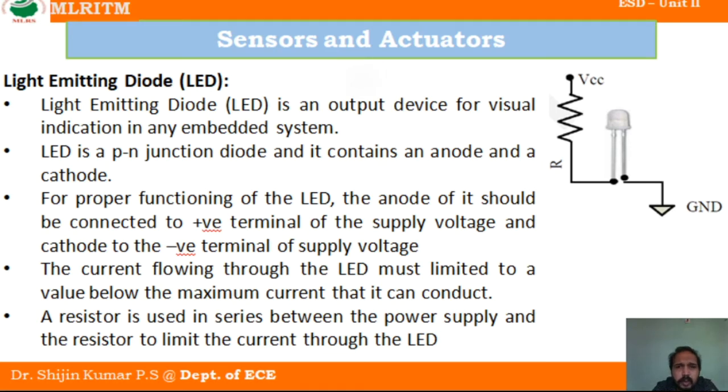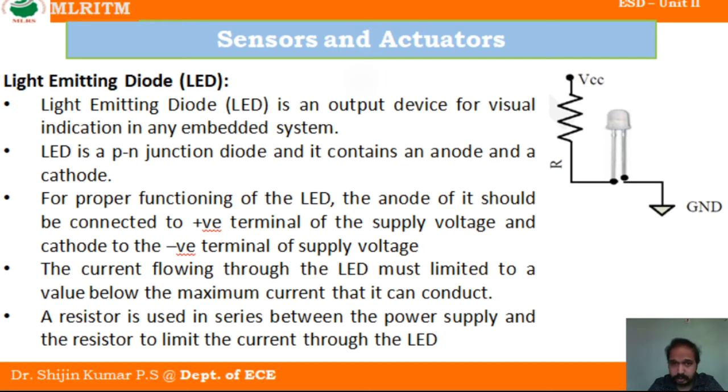If we want to connect the LED, how do we need to connect it? The anode should be connected to the positive terminal of the battery and the cathode should be connected to the negative terminal of the battery. Here, a resistor will be connected before we give the connection to the LED.